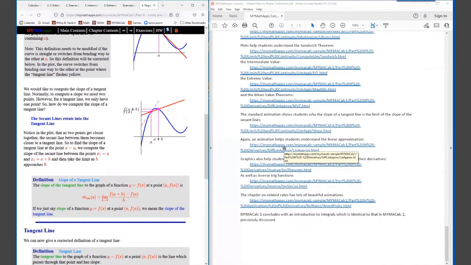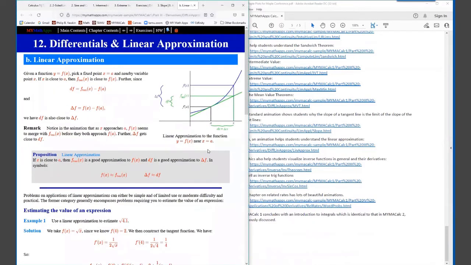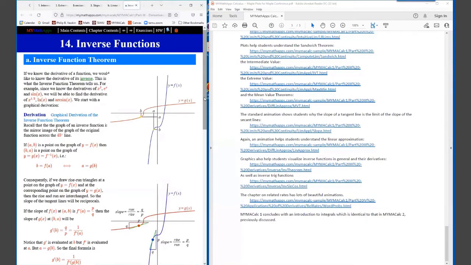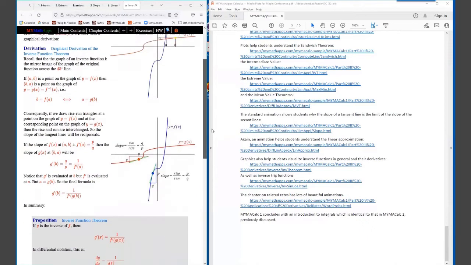After knowing about the derivative, students need to do linear approximations. This is the same animation that was used in Calc 3 here in Calc 1. Graphics also help students learn inverse function. If B is f of A, then A is the inverse function of B. The plot helps them realize that that is the mirror image through the 45-degree line.